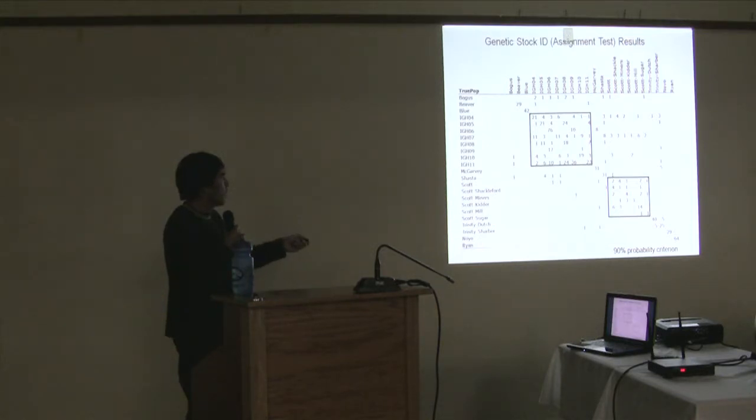But there's still quite a bit of gene flow between Iron Gate and the Scott River and the Shasta River. And in fact, there actually are a few Trinity River fish that have been spawning, well, at least one, in the Iron Gate broodstock. Actually, sorry, I looked at that the wrong way. These are Trinity River fish that have been spawned at Iron Gate over the years.